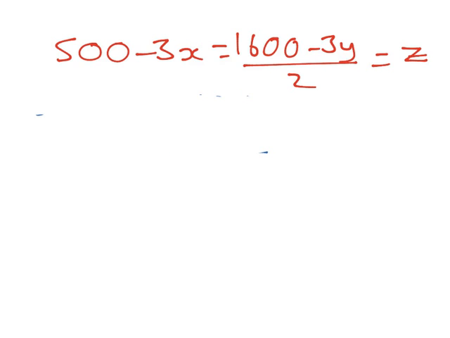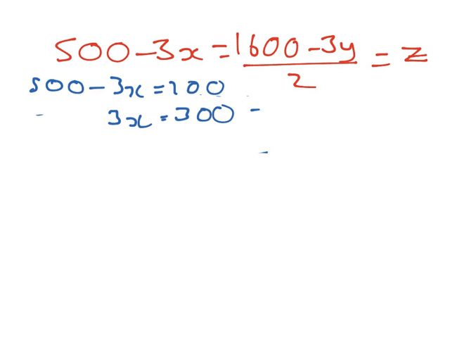So what I'll try now is z equals 200. So if z equals 200, we have 500 minus 3x equals 200, which gives me 3x is 300, which implies x equals 100. Well, so far so good for x and z. What about for the y value?